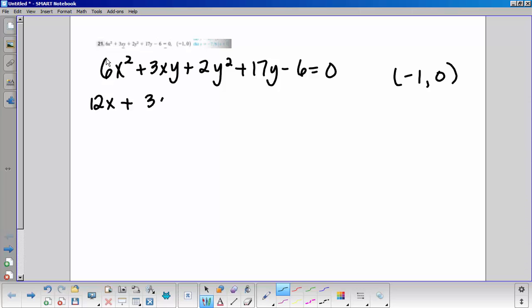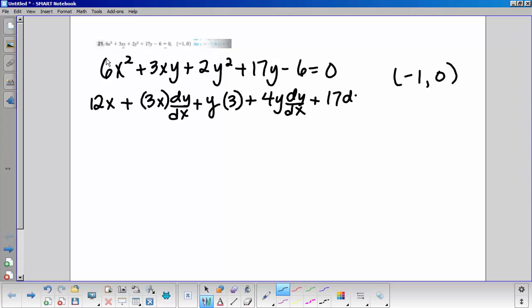So it'll be first times the derivative of second, which is dy/dx, plus second, which is y, times the derivative of the first, which is 3, plus 4y dy/dx, plus 17 dy/dx, and then the derivative of negative 6 is just 0, right?